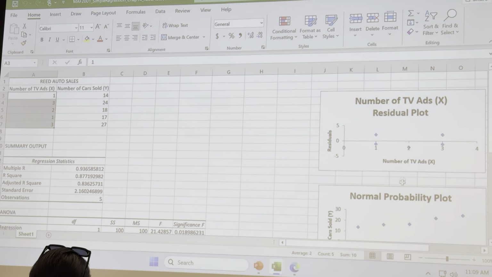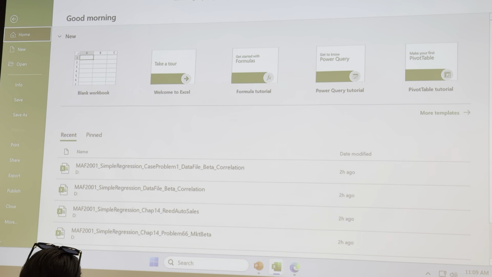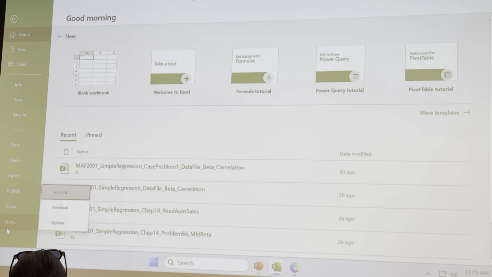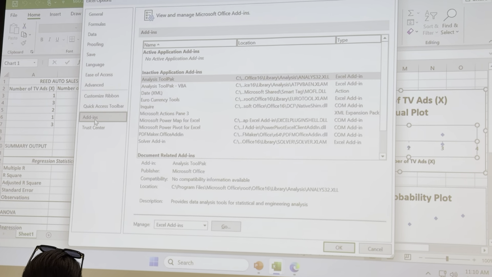Don't worry about this thing over here. Just go into Excel, File, More, Options. Are you in Options? Add-ins. Click on Add-ins.